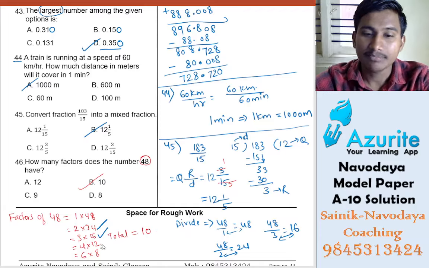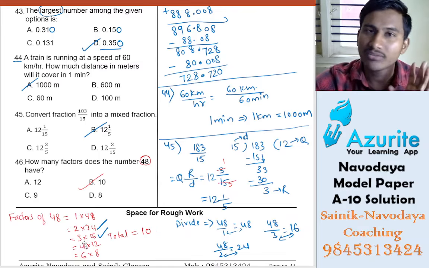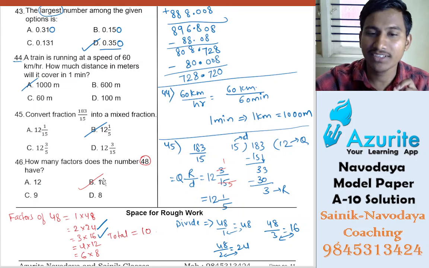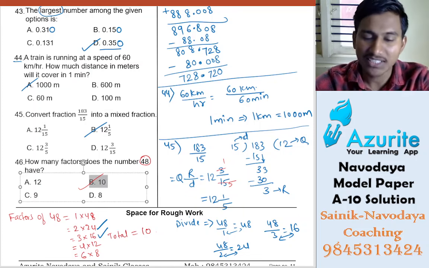So next is 4. 12 4s are 48. If you divide by 4, 12 will come. If you divide by 6, 6 8s are 48. So these are the factors of 48. Total how many? Total 10 factors. So the option is option B here.